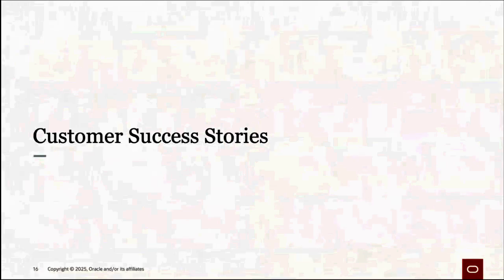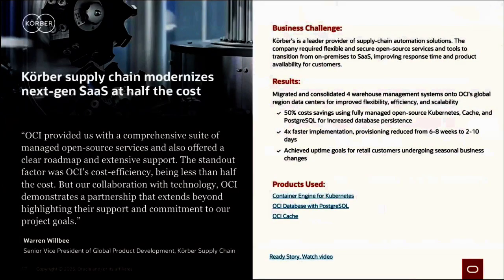We have a large number of customers using OCI Cache. I'll just mention a couple of them. Corpor is a leading supply chain automation solution. They are one of the customers who use OCI Cache not to front a database, but for their session management and to cache their API data.